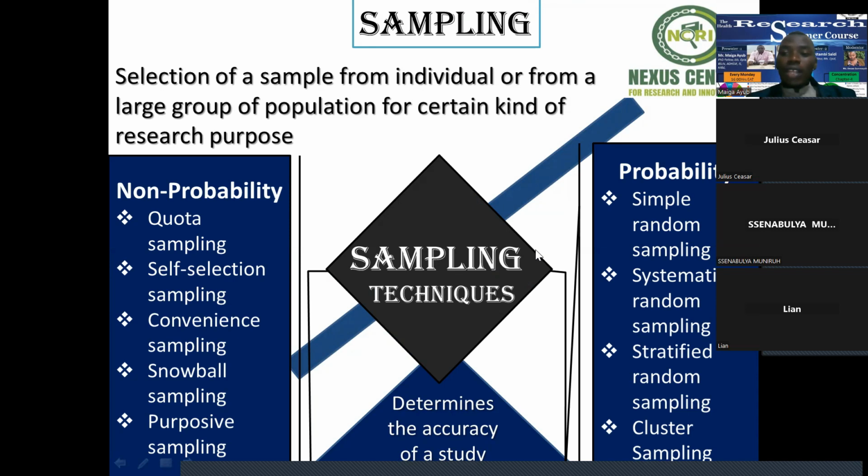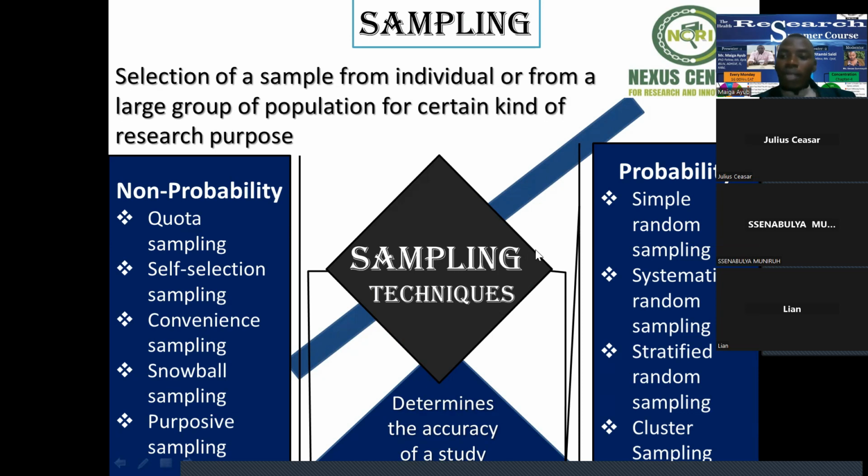So if you follow the techniques very well, this research will minimize those biases I'm talking about, the selection bias, whereby the selection of your participants into the study was not random.